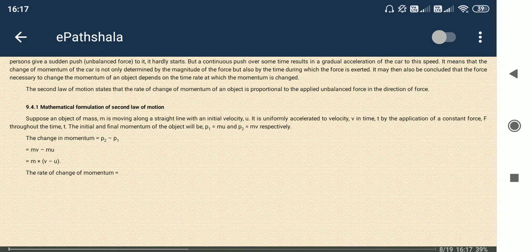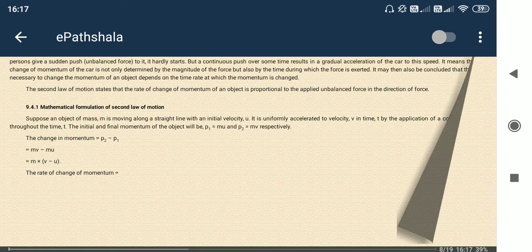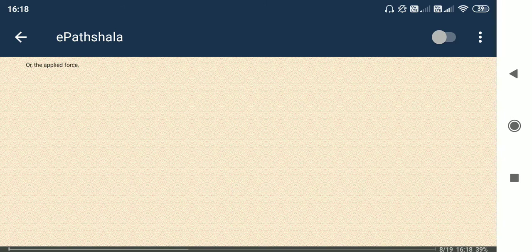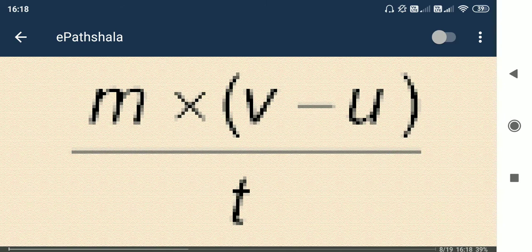More force applied means more acceleration. This is from the second law of motion. Here you can see the mass is written as m, and v minus u is the velocity change, from initial velocity u to final velocity v. Velocity change over time is the acceleration, so force is mass into acceleration.